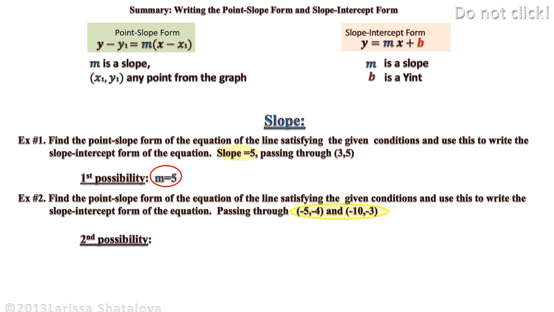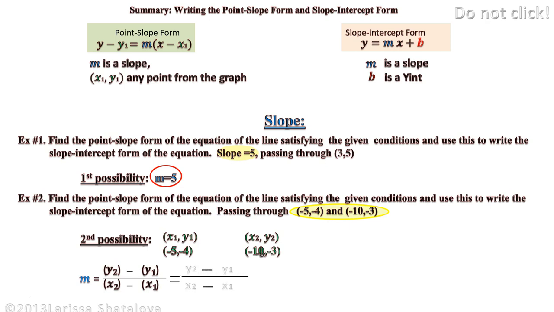You have to mark the first point as x first, y first, the second point x second, y second, and you have to use the formula in order to calculate slope. Y second is -3, y first is -4, x second is -10, x first is -5. You have to simplify. It's a good idea to use parentheses.